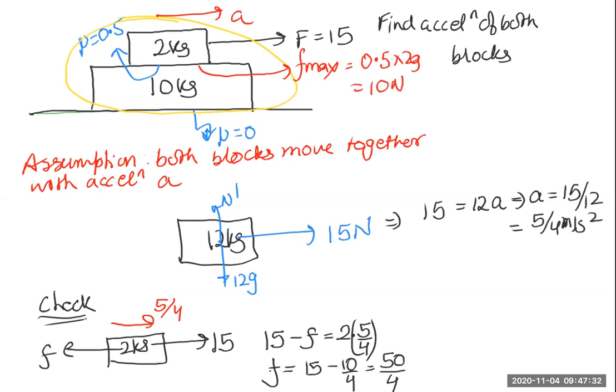And is this F greater than or less than this F max? Is this friction greater than or less than this F max? Is 50 by 4 bigger or is 10 bigger? 50 by 4 is greater than this F max. Right? Now we know that friction cannot be greater than F max.